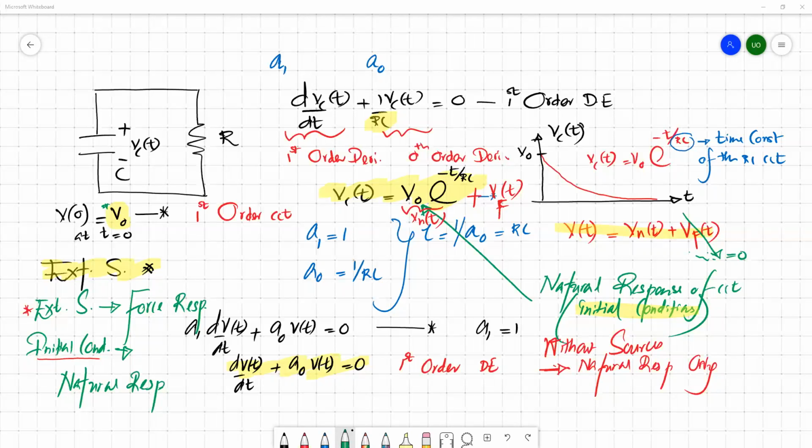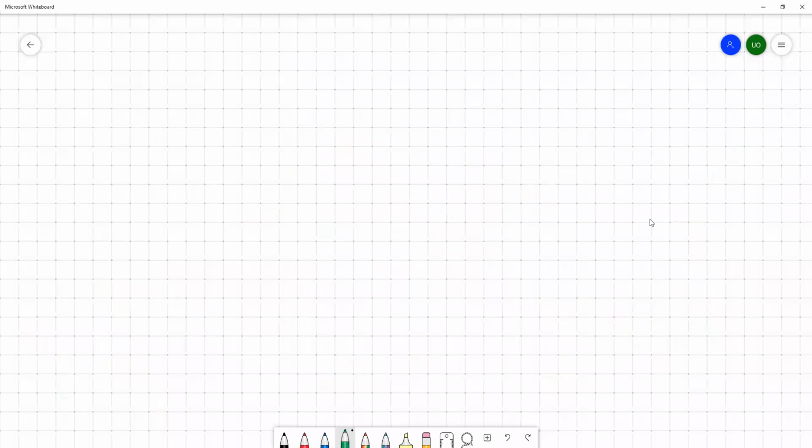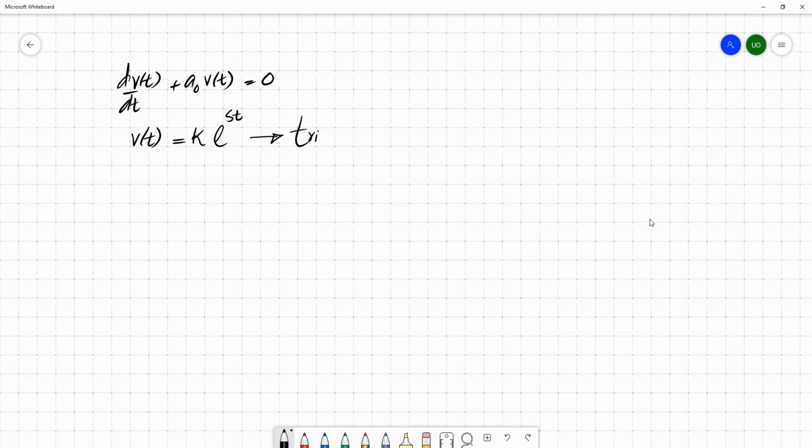What I want to highlight here is that for these kinds of circuits we have this differential equation, a naught V(t) equals 0. Let's assume we have a trial solution like this. This is the trial natural response.